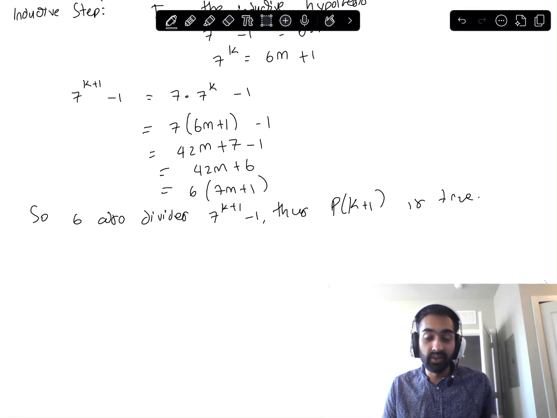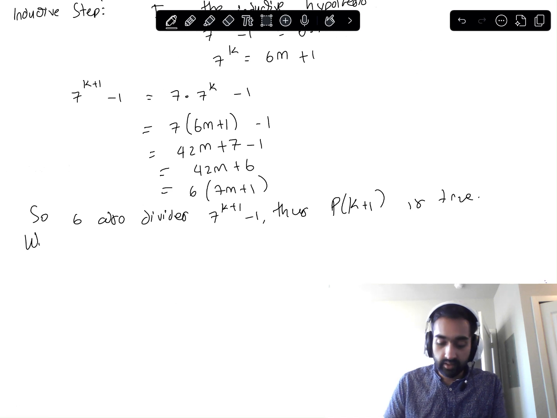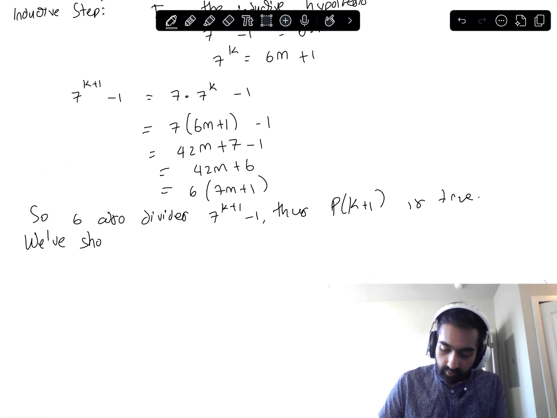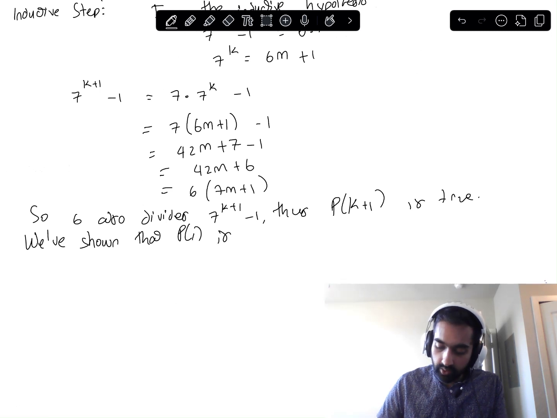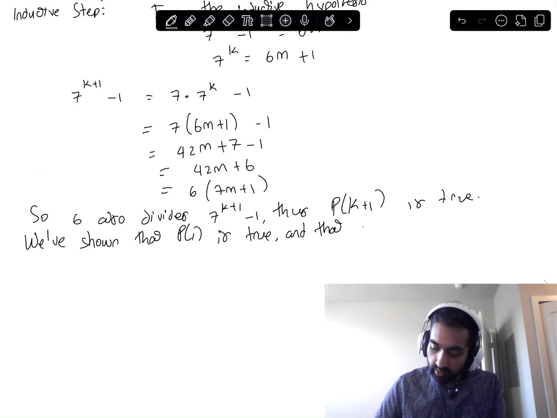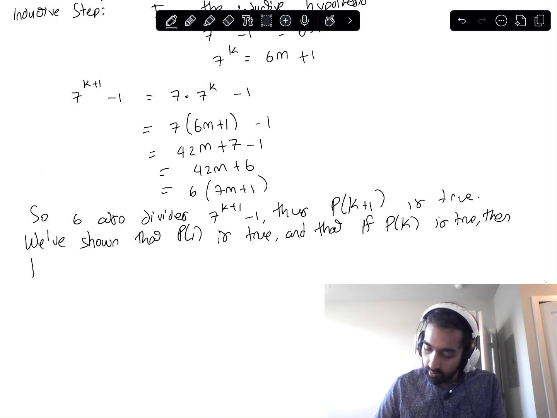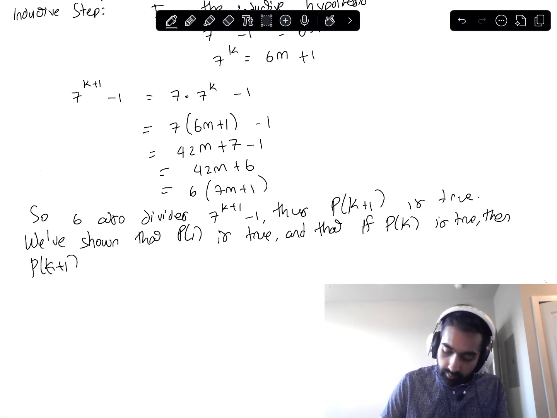Now to summarize everything, you can write it in a sentence like this. We've shown that P of 1 is true, and that if P of k is true, then P of k plus 1 is true.